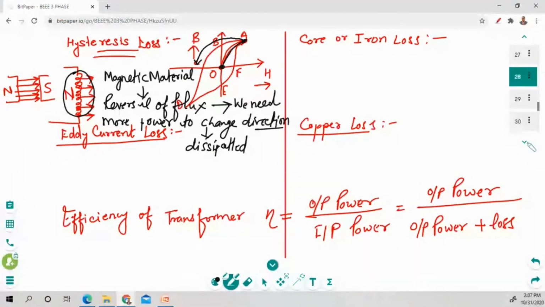Why is this power going to be dissipated? As we have discussed in the last session, this is our magnetic circuit, a closed path. When you use these windings across this, there is a leakage across these windings.